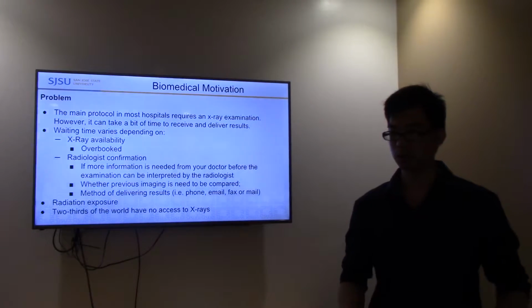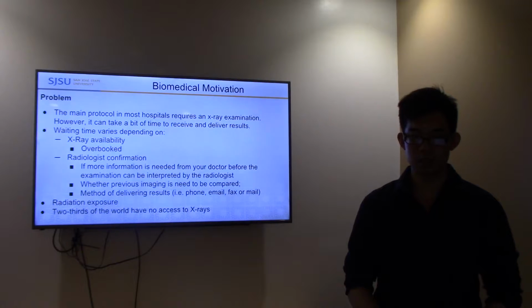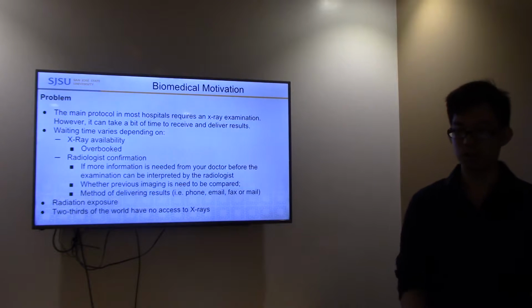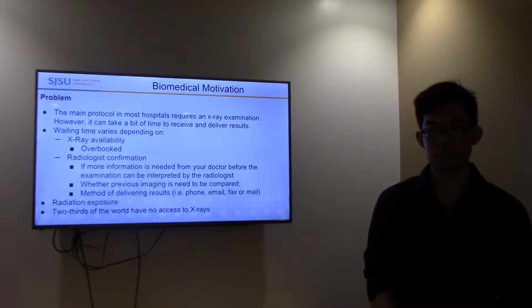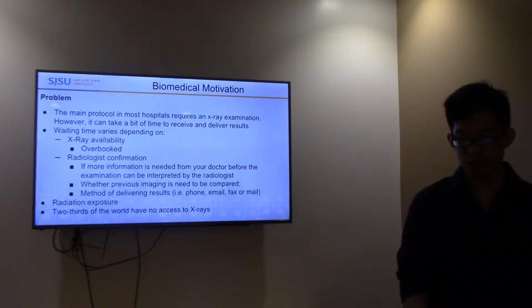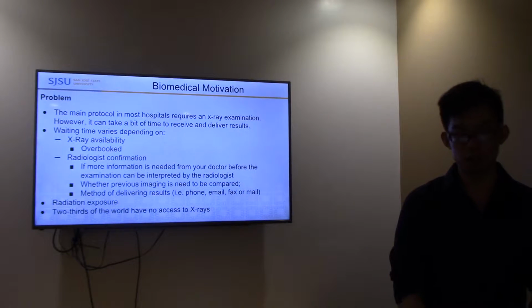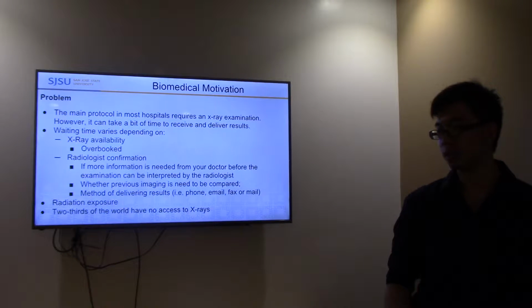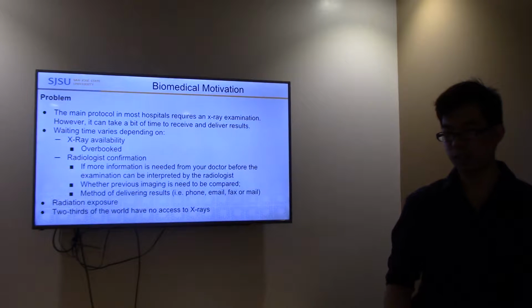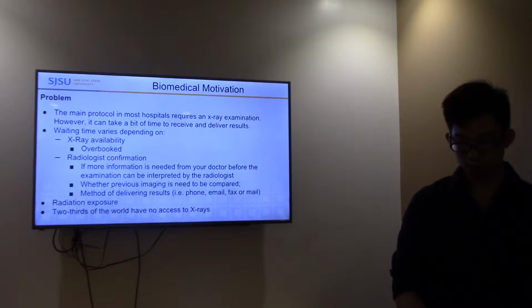So the main problem with the x-rays is the long wait period it takes to get results, and this can be due to the availability, whether there is an x-ray available or not, and the confirmation from radiologists. Radiologists may need additional information, or need to compare previous x-rays, especially where the placement was wrong.